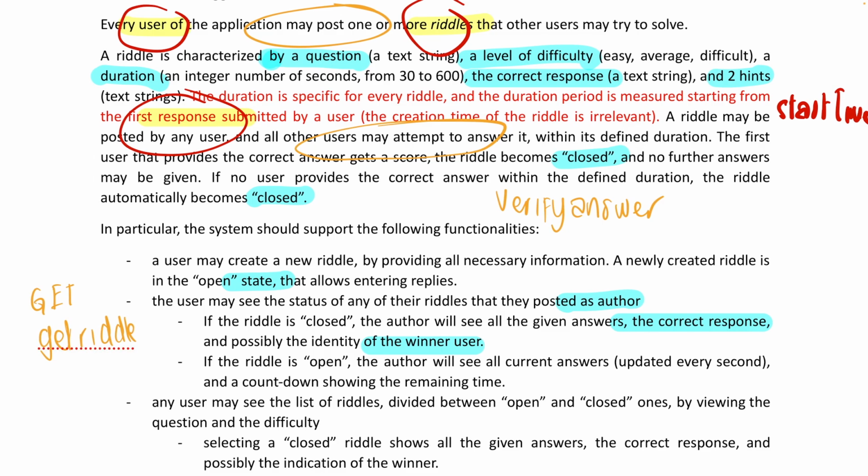Maybe based on an ID, no? So if I pass an ID to the application, I want to retrieve all the information from that riddle. So, well, that's probably one functionality.